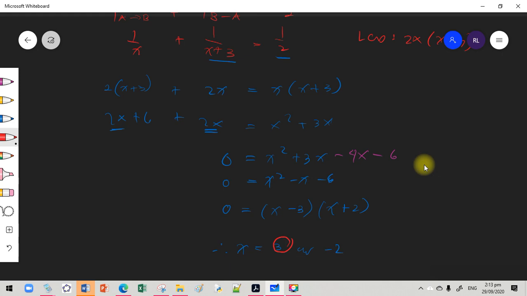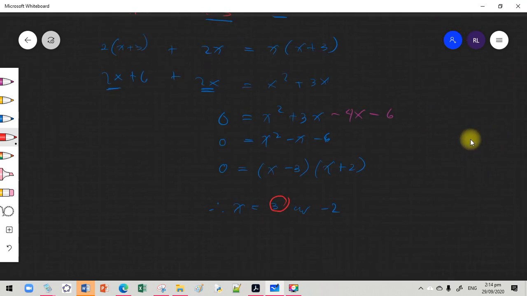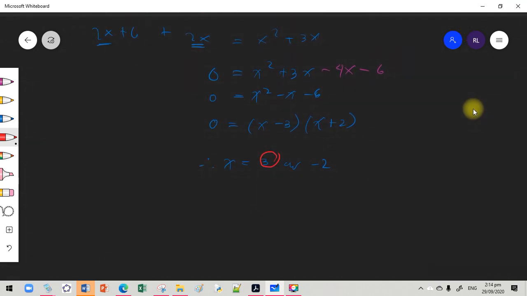So what does it tell us? If this is A and this is B, it's 1 kilometer from A to B. The first half of the journey, which is x, is 3 kilometers per hour.